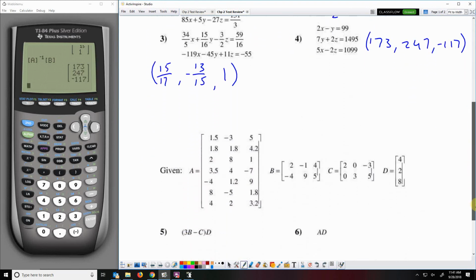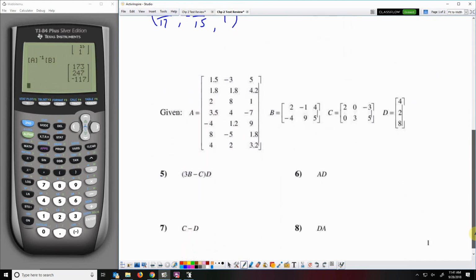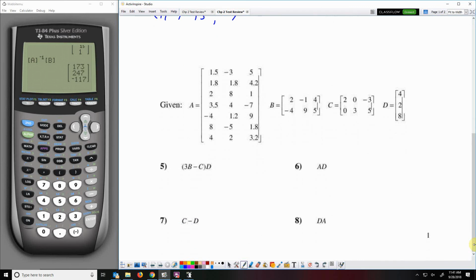Okay, then some operations with matrices. And I'm just going to plug all 4 of those matrices into my calculator as well. So this will be the longest part of this process. This is 1, 2, 3, 4, 5, 6, 7 by 3.